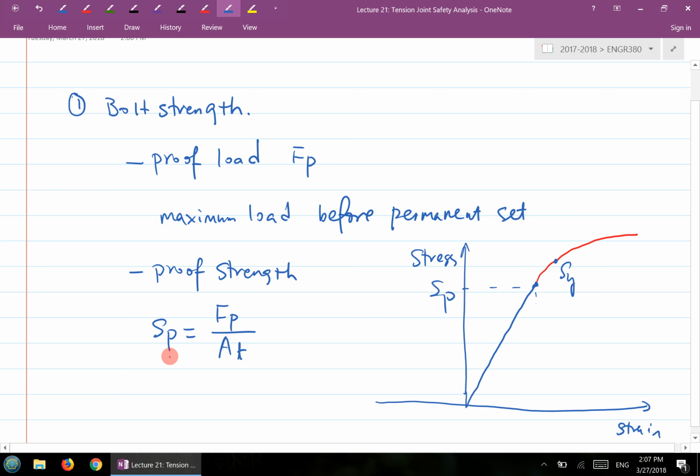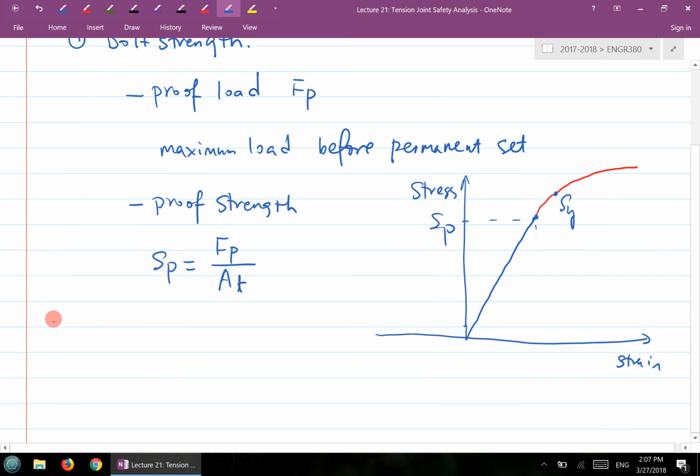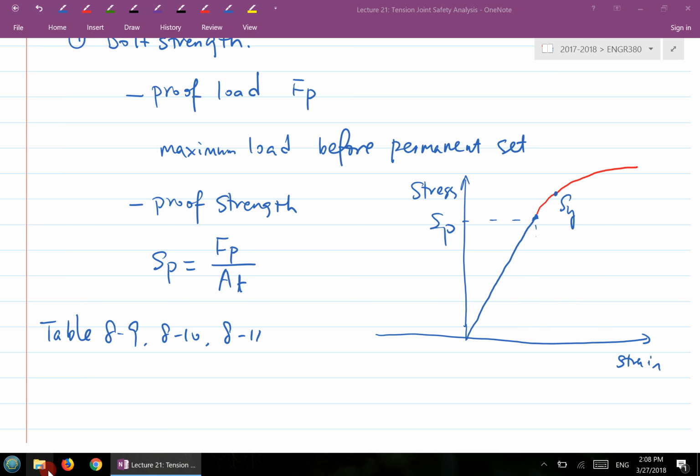Now to find SP, you have Tables 8-9, 8-10, and 8-11 to make use of. I'll show you what these three tables look like.